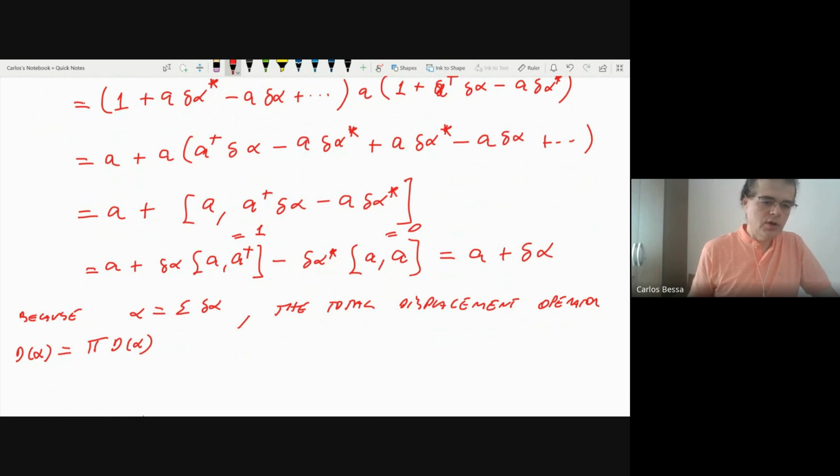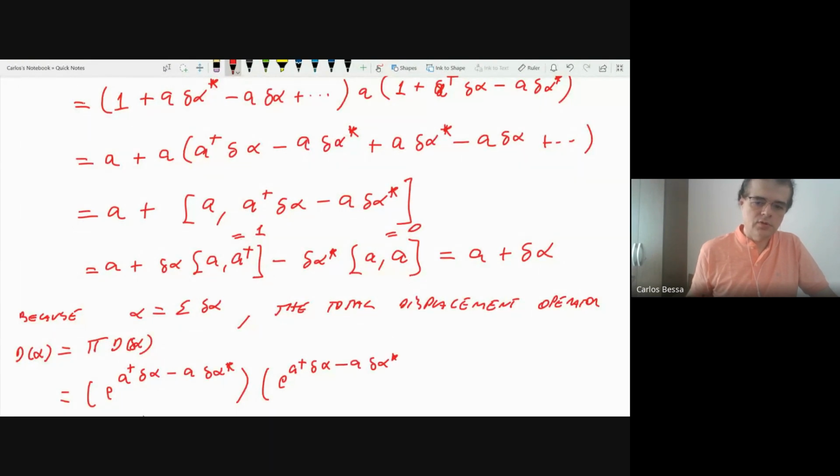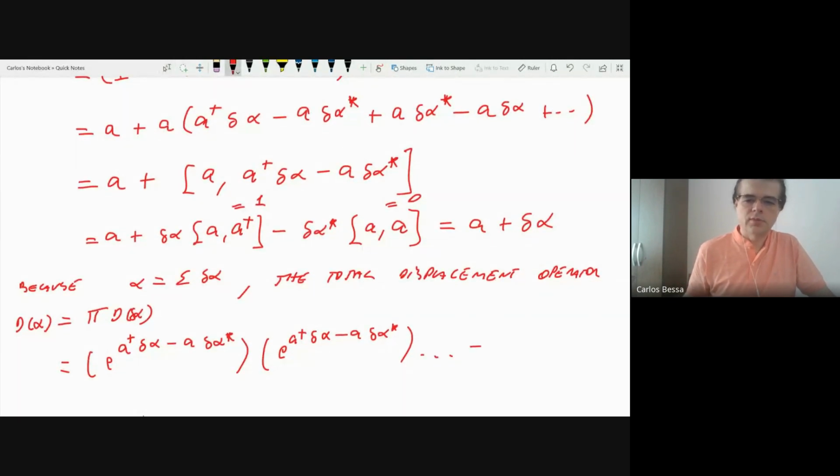So D of alpha is just the exponential of delta alpha a dagger minus delta alpha conjugate a, times the exponential of another delta alpha a dagger minus delta alpha conjugate a, and the other terms. So in the end, this will be the exponential of a dagger times the sum of the delta alphas, minus a times the sum of delta alpha conjugate.